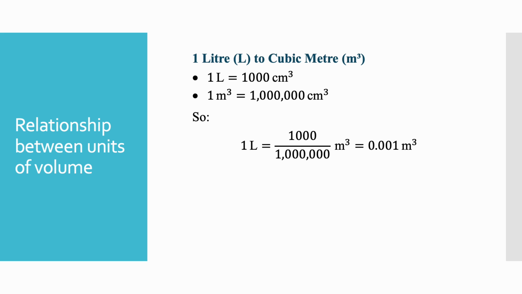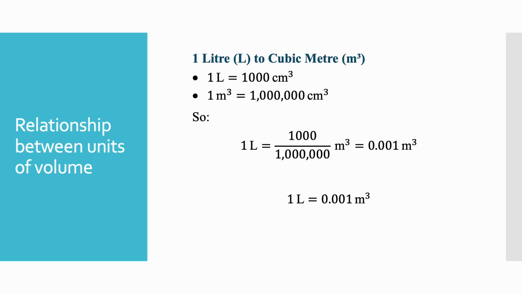So this would give us 0.001 meter cube. So 1 liter is equal to 0.001 cubic meters. This is useful when we deal with large liquid quantities.